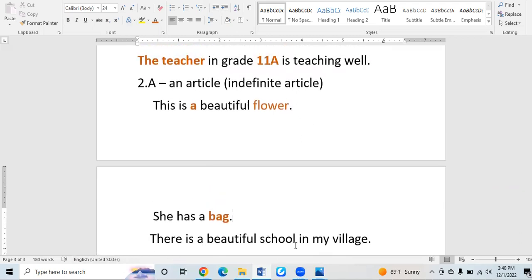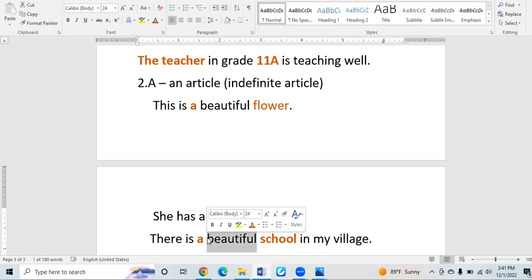Now look at this: there is a beautiful school in my village. Now the word school has been written here, and in relation to that, the article a has been inserted. It is because, a school in my area, you yourself can tell that there are a lot of schools around us. We don't have one and only school in our village. There are a lot, right? So the word school is mentioned here to say one out of many.